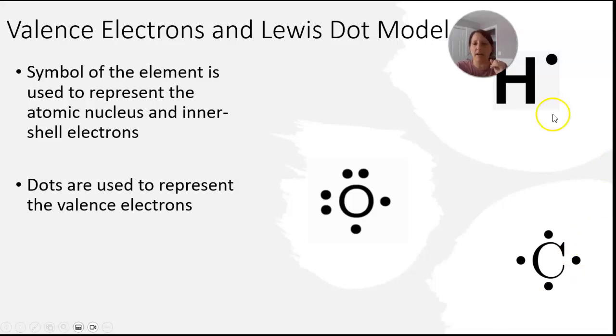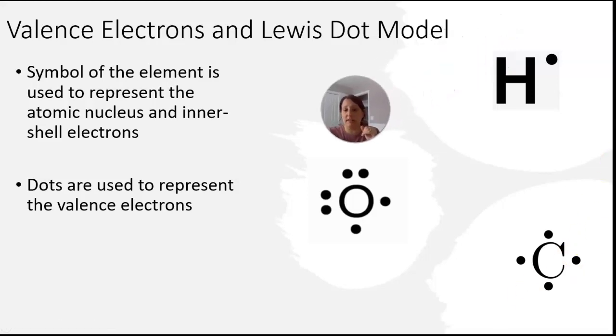Another way to represent just valence electrons, if you're not trying to put all of the electrons into their energy levels or shells, is a Lewis dot model. Here's an example of a Lewis dot model for oxygen, hydrogen, and carbon. The atomic symbol still goes in the center, and the dots around it represent the valence electrons.